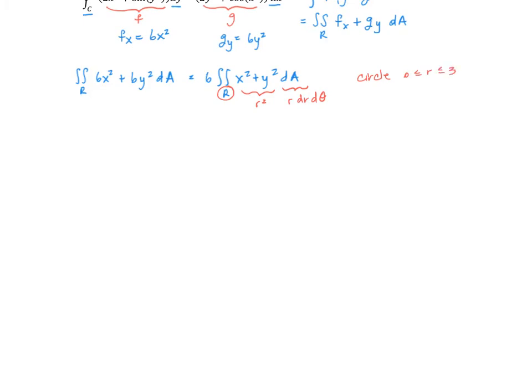So my radius is going to go from 0 to 3. And my theta values are going to go from 0 to 2 pi. So I can go all the way back to when we first discussed double integrals. Now this double integral, if I do theta on the outside, is going to be the integral from 0 to 2 pi. And then the radius is going to go from 0 to 3. X squared is simply r squared, r dr d theta, which is why Green's theorem is so powerful. We can go back to the double integrals that we had previously.